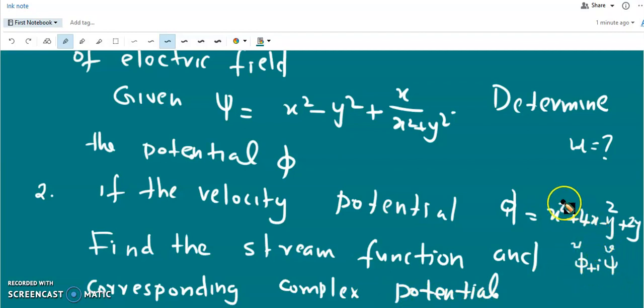Once u and v are obtained, u plus iv gives the corresponding complex potential. Okay.